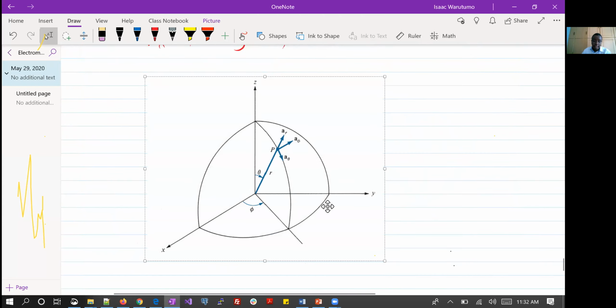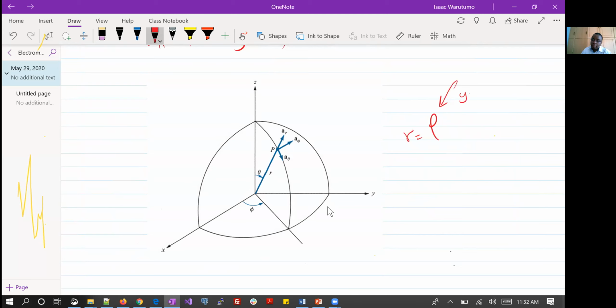And R is the radius. R is equivalent to rho. You know, we say radius, this is for cylindrical, for a cylinder. We describe the radius with rho. But now for the sphere, we describe it with R. The same angle we had for cylindrical, we are going to have it for the sphere.